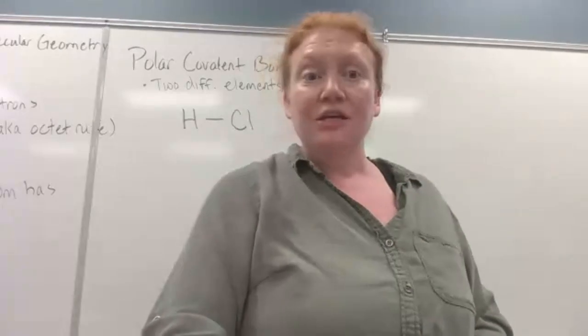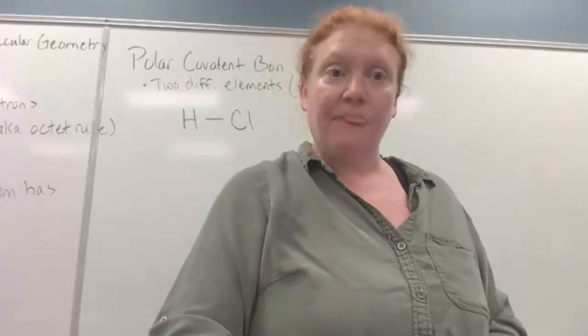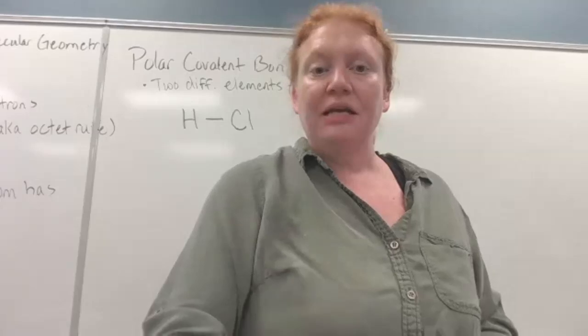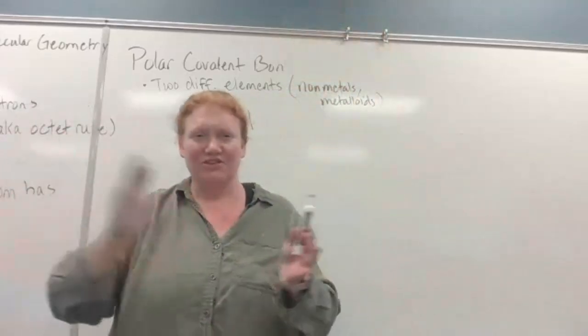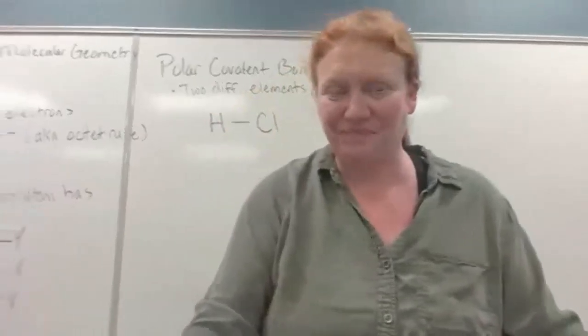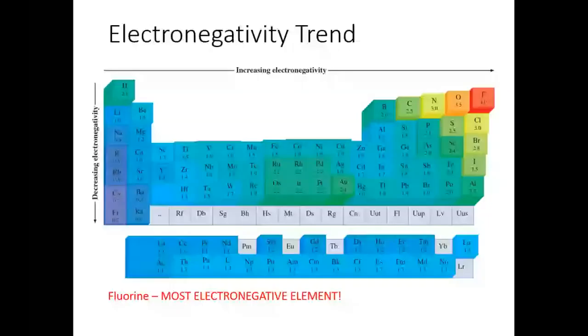You got to know your trend. It should be the chlorine atom. Why? Because chlorine is further to the right on the periodic table. It is closer to fluorine. Any of those things will help you remember that chlorine is more electronegative than hydrogen.